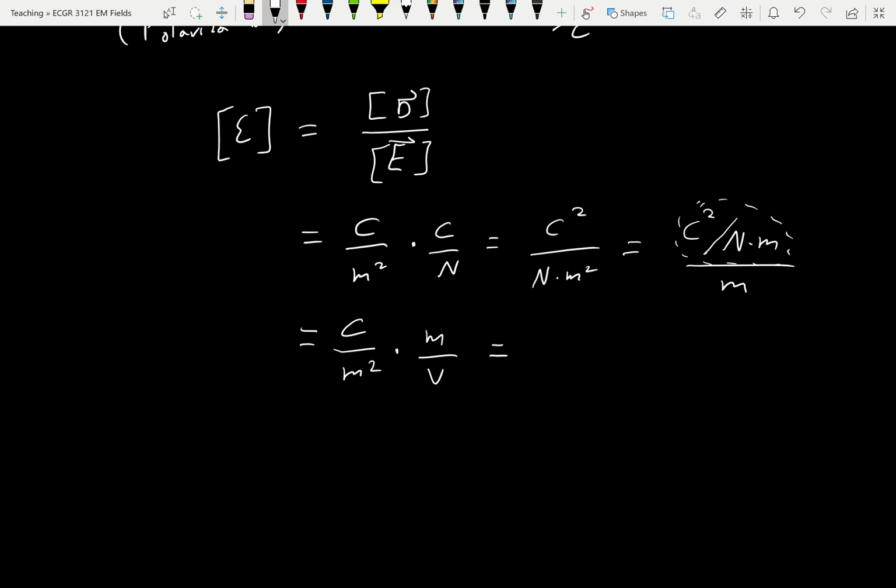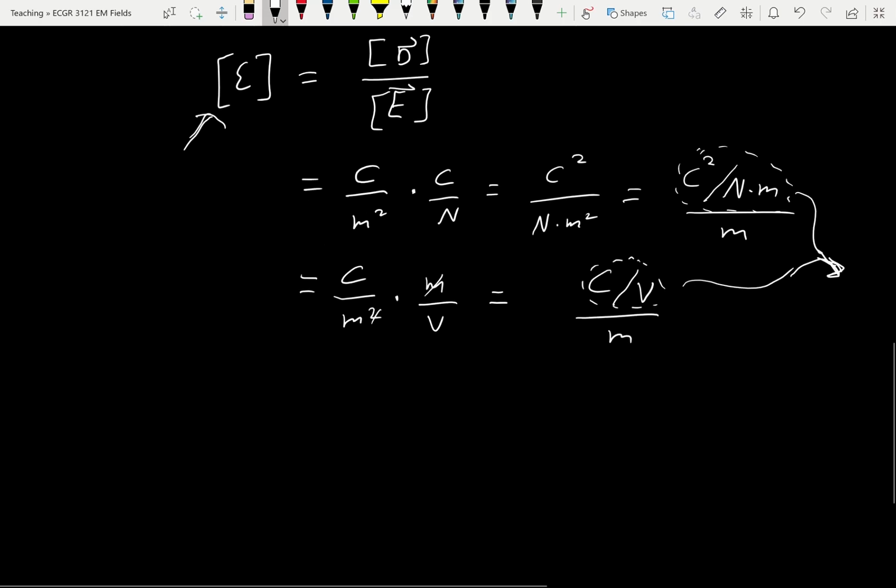Again, meter goes with meter, and we end up with Coulomb over volt. So Coulomb over volt and Coulomb squared over Newton meter have to be the same thing, equivalent units, because they're measures of the same thing, epsilon.